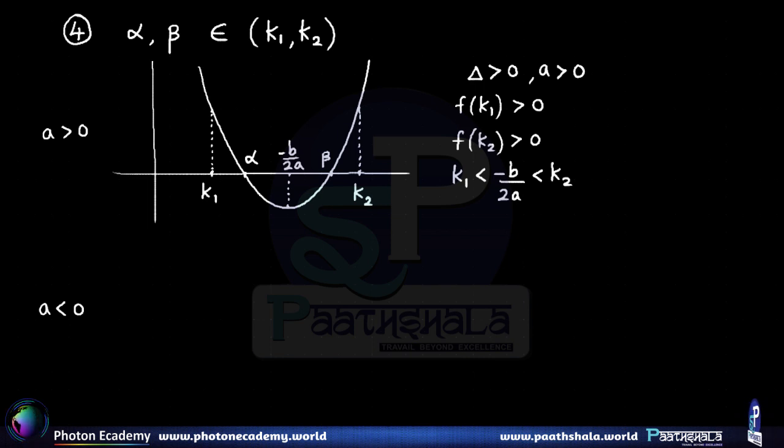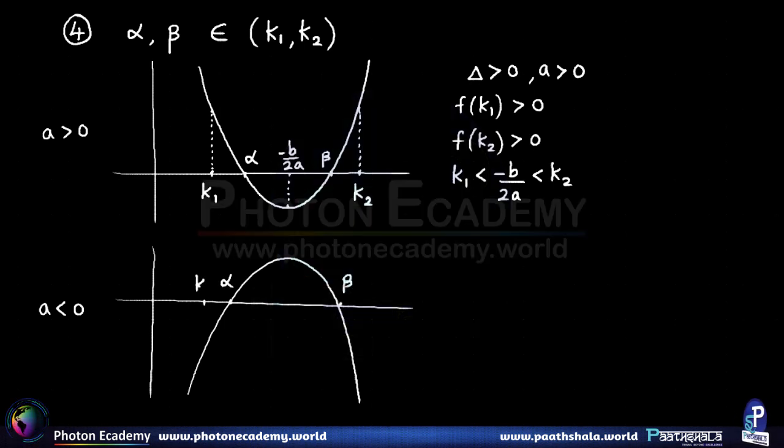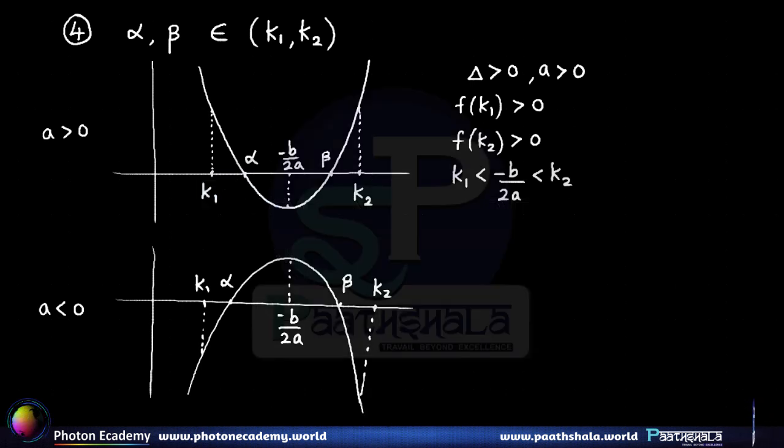Now let us see what happens when we have the other case, that is when a is less than 0. Once again we show the two roots alpha and beta. We have k1 and k2, then minus b upon 2a. Now as we know here f of k1 as well as f of k2 will be negative.